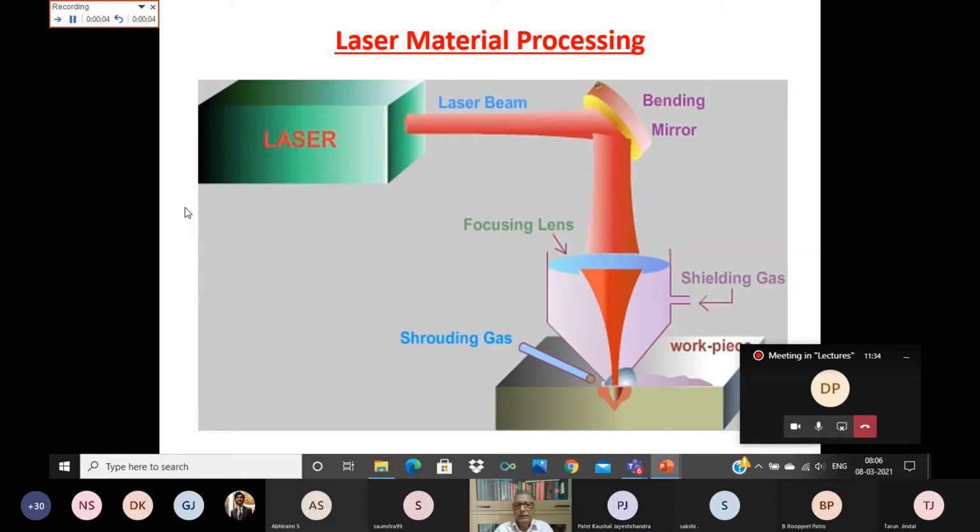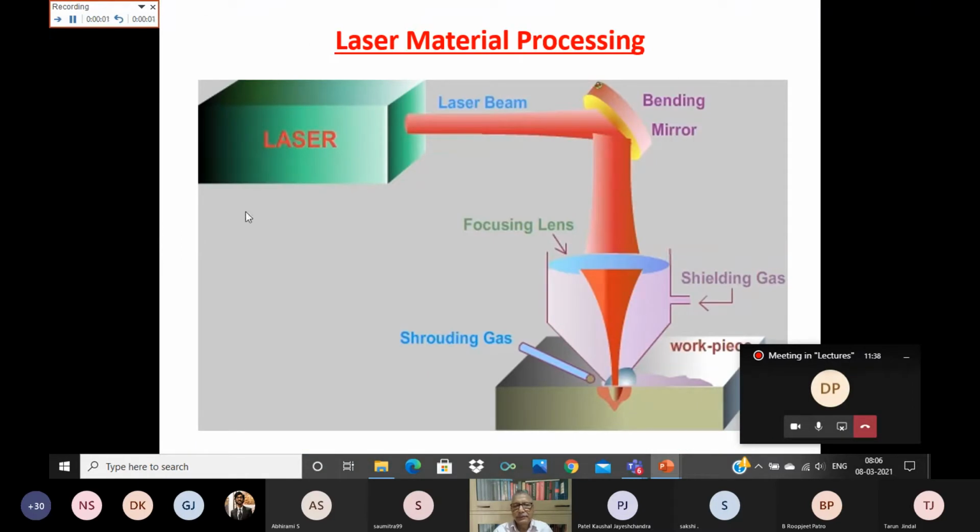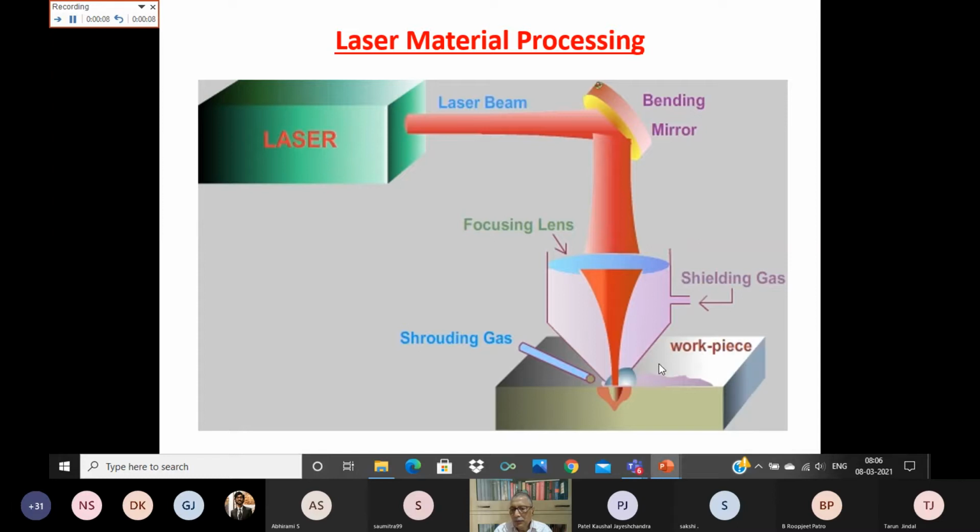In laser material processing, you have a laser system whose beam is focused with the help of a lens onto the workpiece, and then there is a nozzle through which a shielding gas flows. Now, on what characteristics does the laser focal spot diameter depend at this location?